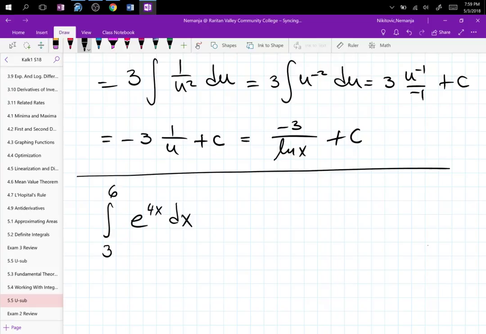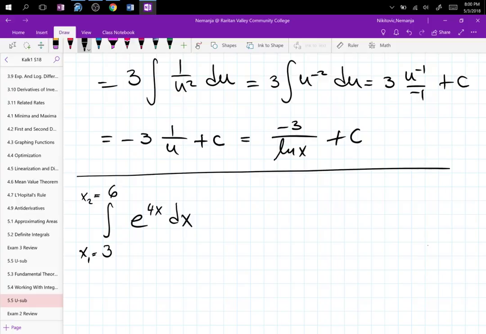All right, now we have a definite integral. And when you have a definite integral, your variable is variable x for the entire problem. So your limits are in terms of x. These limits are actually x1 equals and x2 equals.